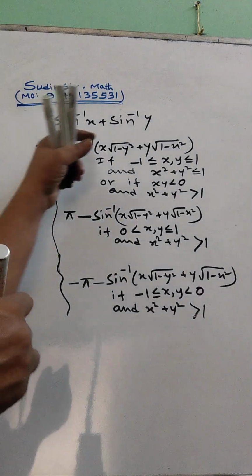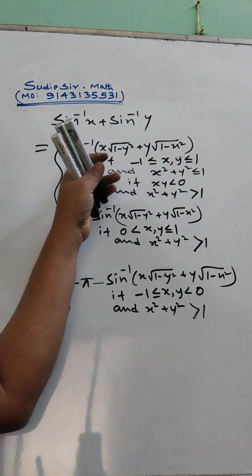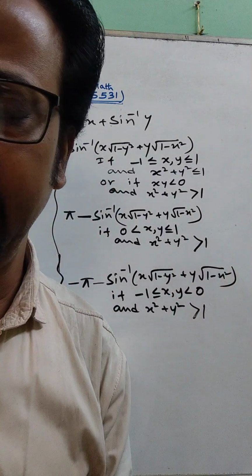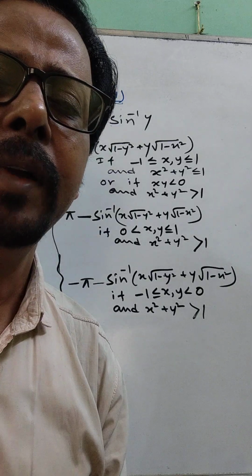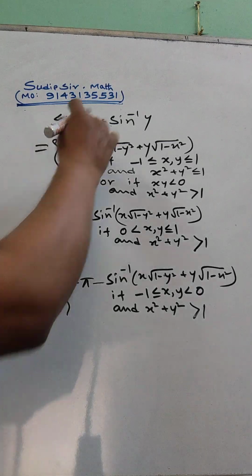Okay. For sin⁻¹x + sin⁻¹y, we have to check and use these three formulas according to the values of x and y. Okay.